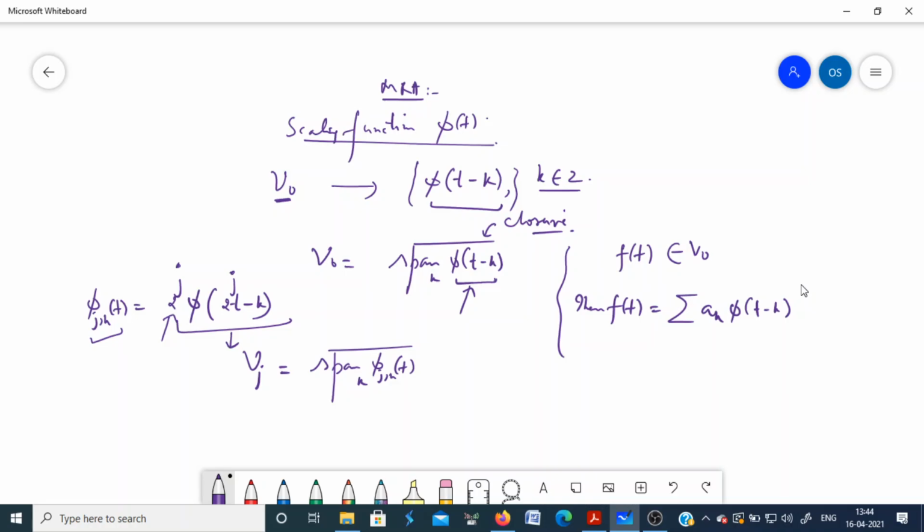Since you are scaling the function and then translating it, those functions which belong to this space Vj can be represented in this form: sum of a_k phi j k of t, where j and k can be any integer values.